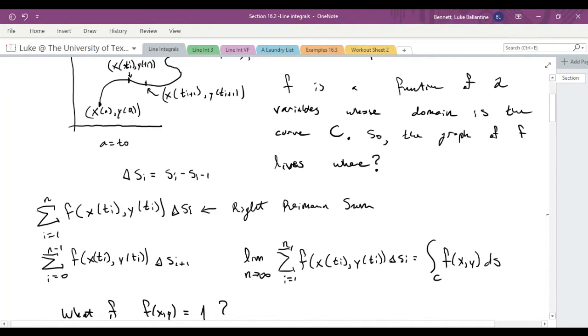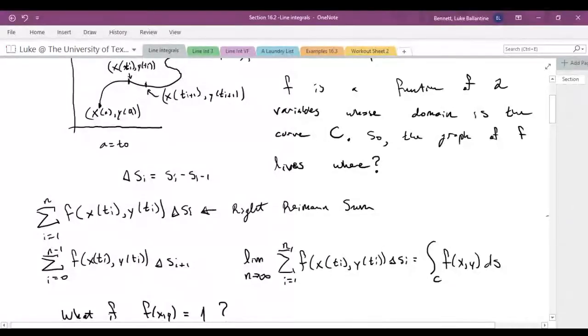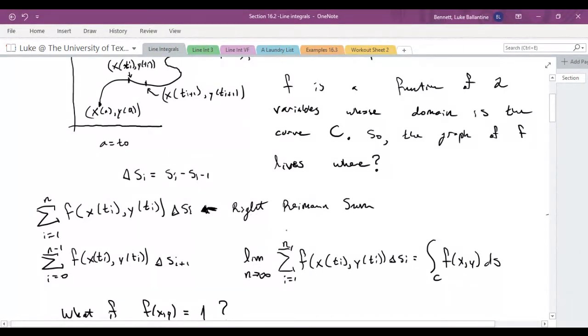And then we have some notation. This is a right Riemann sum, I hope. If we take the limit, we know this from single variable calculus.